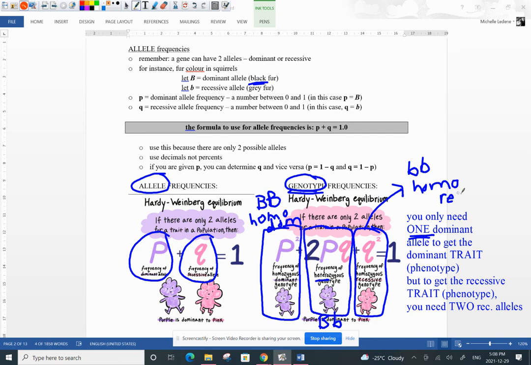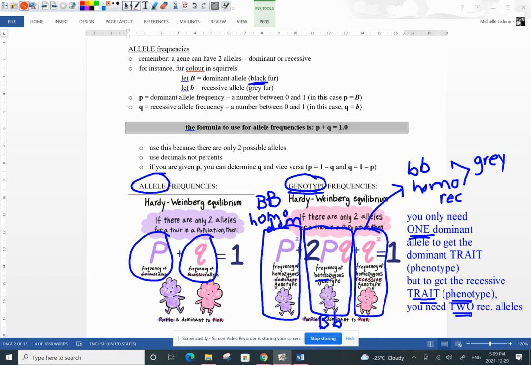And of course, we know that since you need two recessive alleles, you get the recessive trait, the recessive phenotype. So these squirrels are not black. They are going to be the gray colored squirrels because two copies of the recessive allele gives you the recessive genotype. And because you're the recessive, you are also the recessive phenotype.